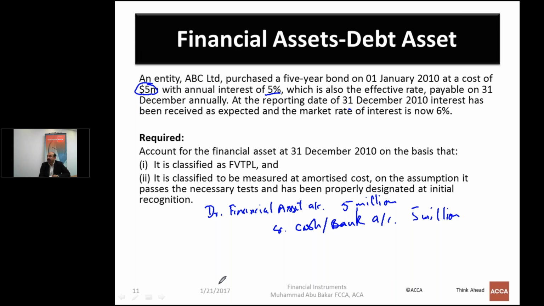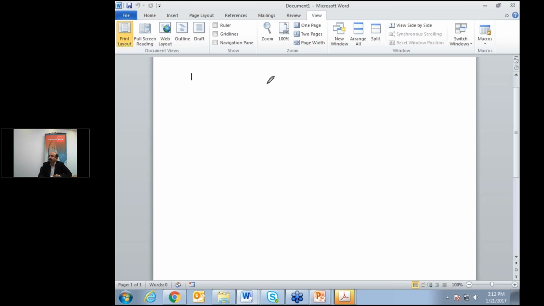After 1 year, we need a blank page. See, year opening financial asset, then related to this finance income at the rate of effective interest rate, which is 5%, and then cash received.